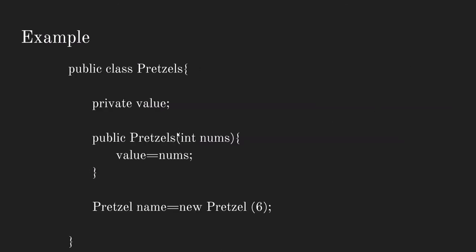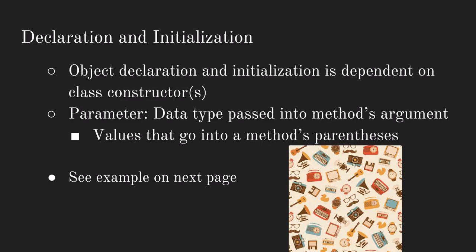Right here we have this constructor, and the access modifier will be public, the class will be named Pretzel, and the parameter can be an int called nums. We'll go over the purpose of constructors later.